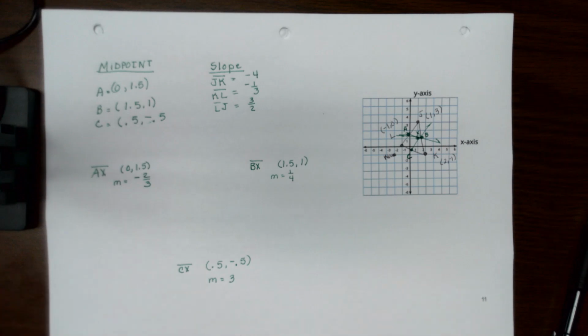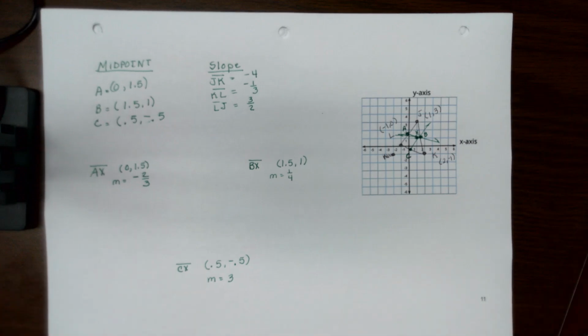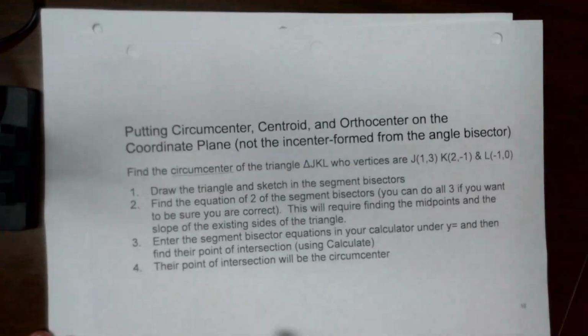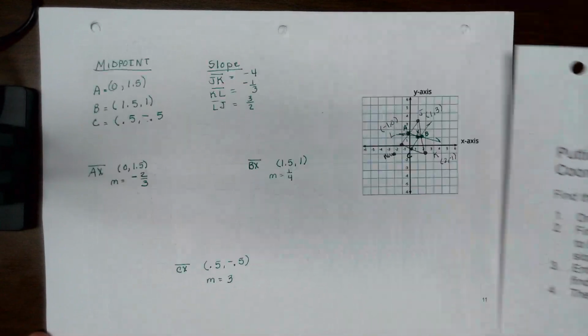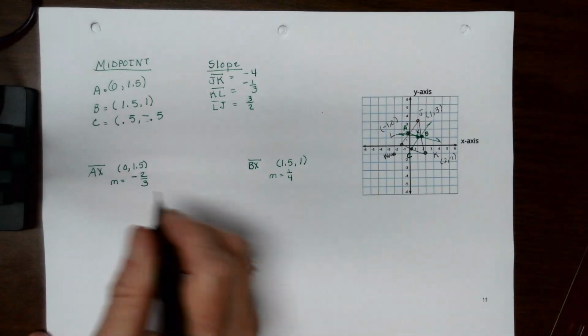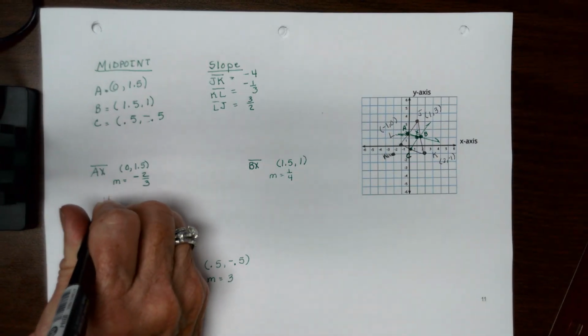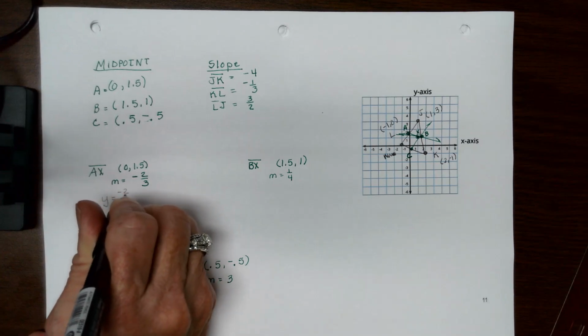All right, so now I have everything I need to come up with the equations. That's the second thing on my list, coming up with the equations. If you remember how to do that, you're going to plug in for your slope.